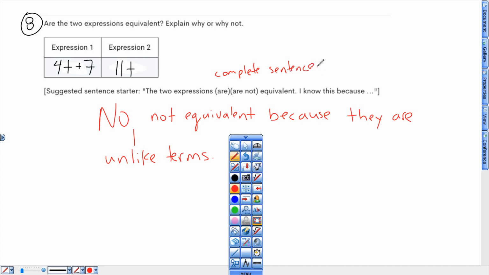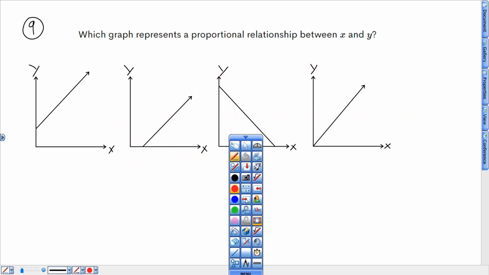All right. Next secret word is to. All right. This one, proportional for X and Y means it's going through the origin. And I can see this corner, which is the origin, is where a proportional graph has to grow from. This one's not proportional.